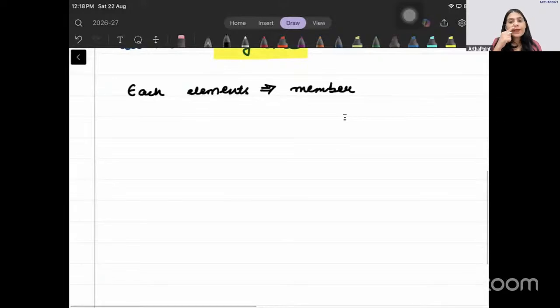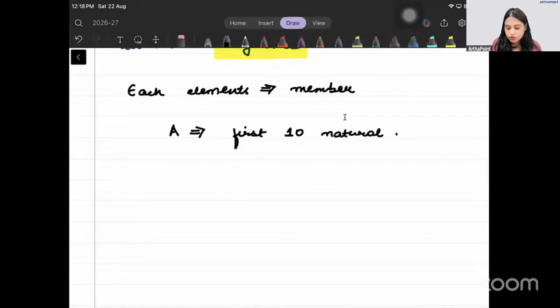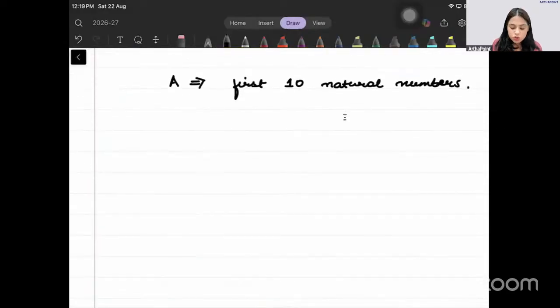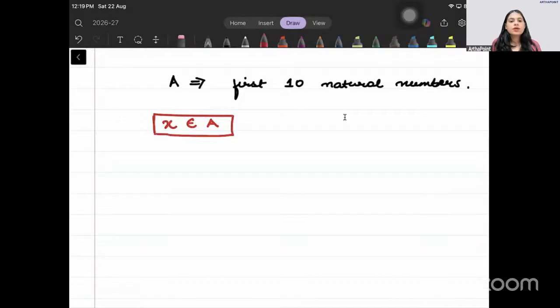Let's say that I define a set A as the set of first 10 natural numbers. I am defining A as the first 10 natural numbers. So I can say that x belongs to A. This means that x will be an element of A.